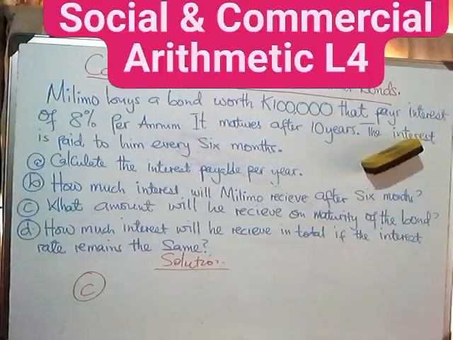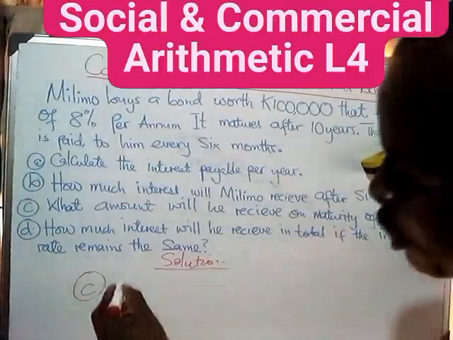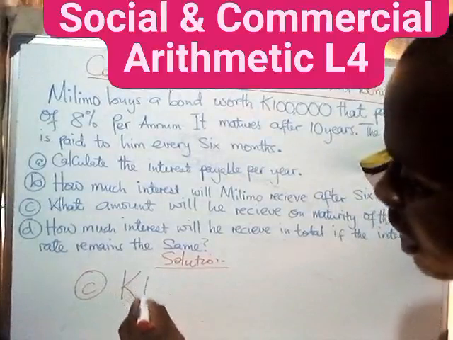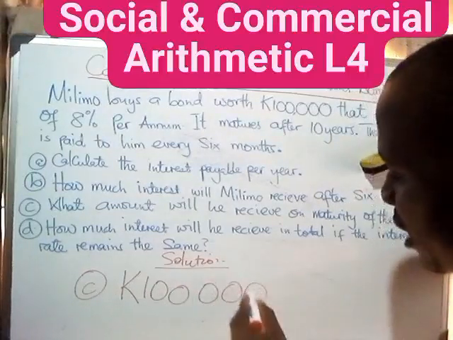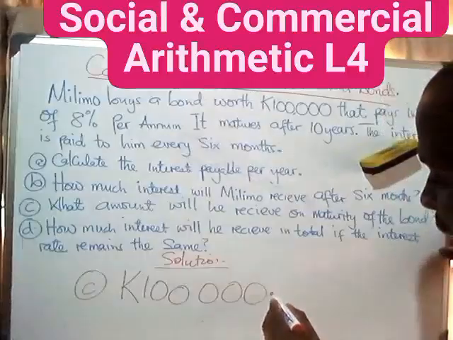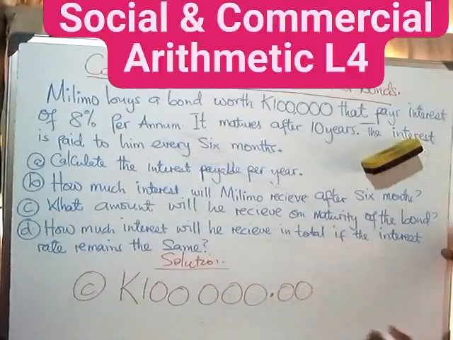He will receive 100,000 as interest was paid every 6 months. The reason is because the interest was being paid every 6 months. So after it has matured, he is going to receive the 100,000 he invested.